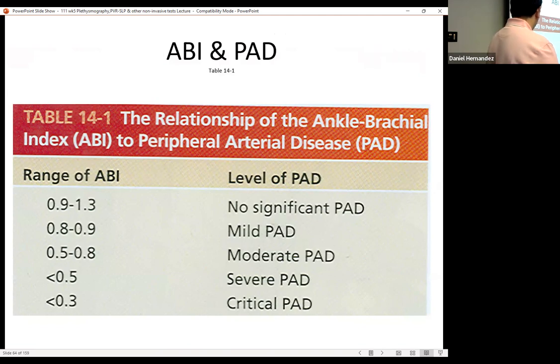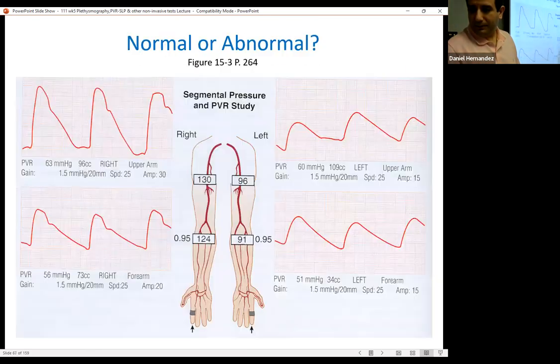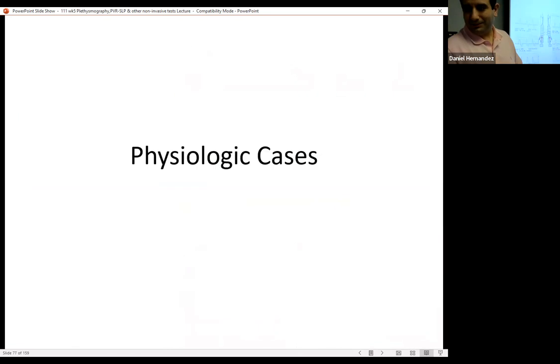So this is one of the charts that you're going to see in a lot of places. Normal is 0.9 to 1.3. I like this chart better.